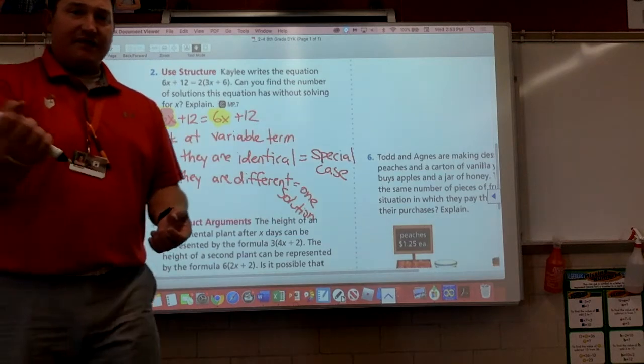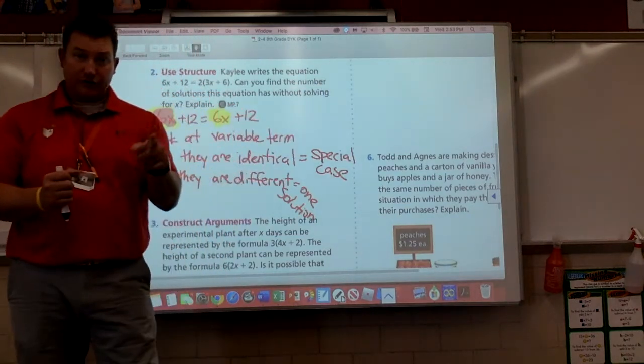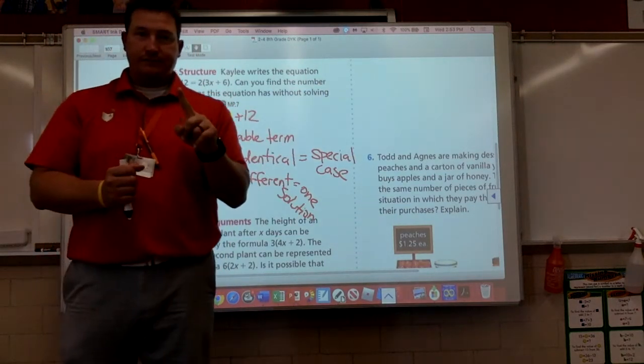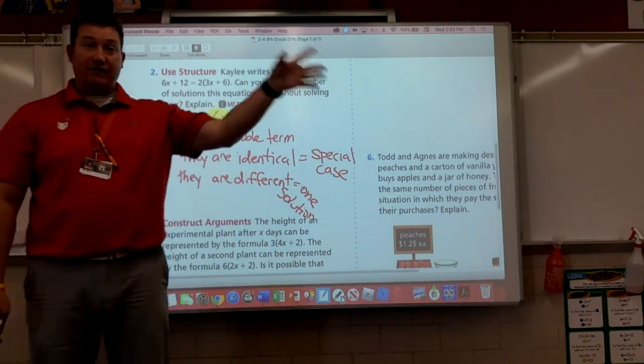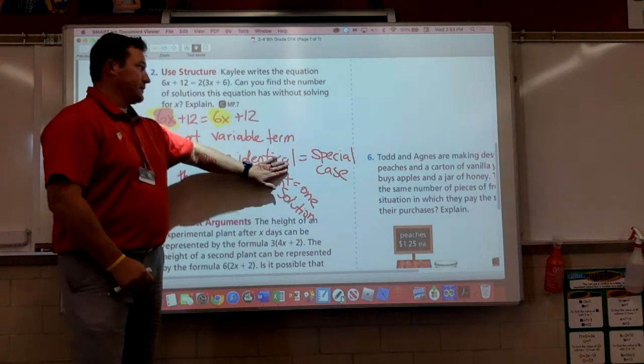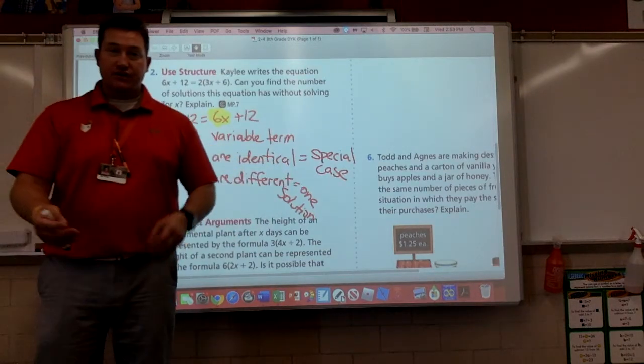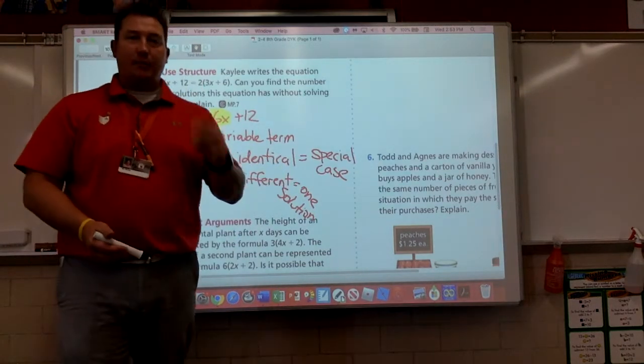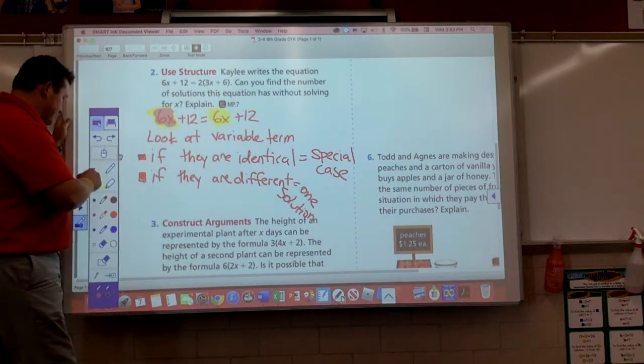So if you have 5x and negative 22x, are those different? One answer. If you have 5x over here and 5x over here, special case. Then it's going to be no solutions or infinitely many solutions, depending upon what kind of numbers you have, folks.